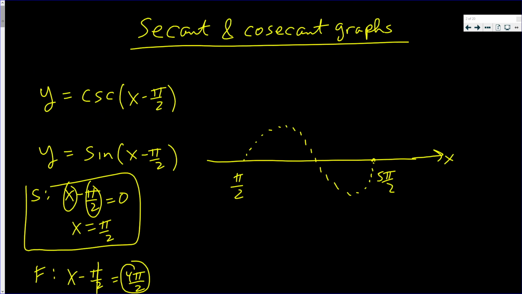And the highest value is 1. So now, in between 1 and 5 is 3, 3 pi over 2. In between 1 and 3 is 2, 2 pi over 2. So a half pi, 1 pi, 1.5 pi, 2 pi, and then 2.5 pi.